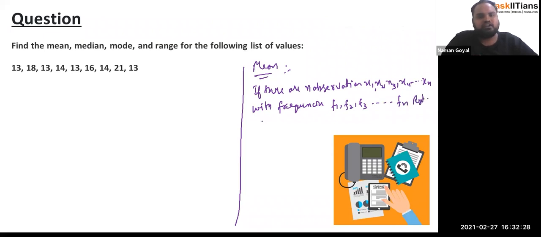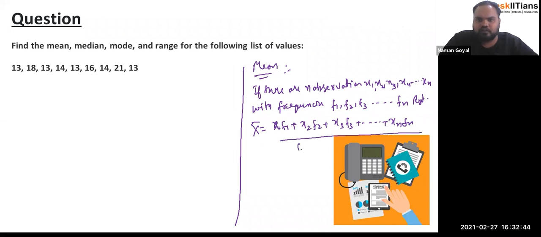So what is the mean? Now the mean becomes x1 f1 plus x2 f2 plus x3 f3 plus and so on up to xn fn, upon f1 plus f2 plus f3 and so on up to fn. This quantity can be written using summation.